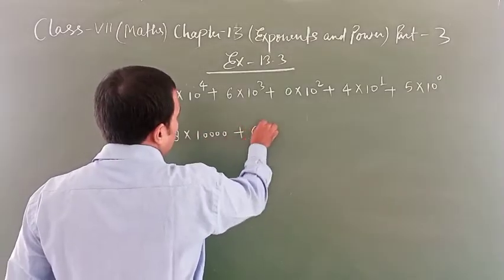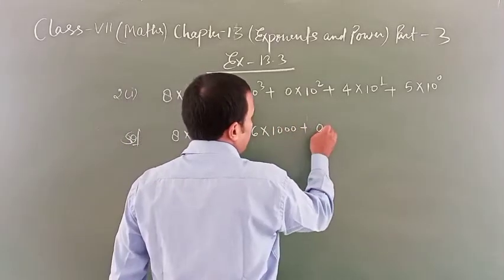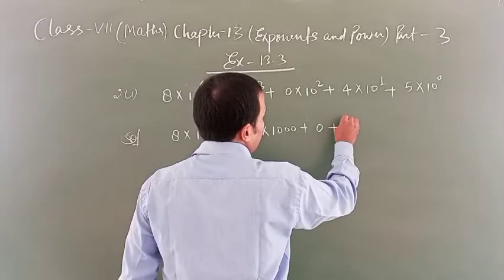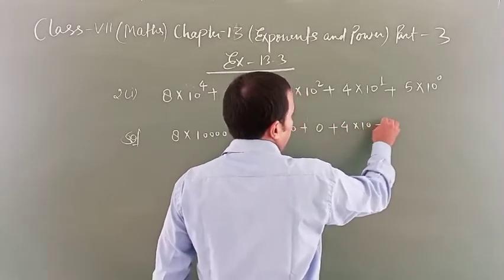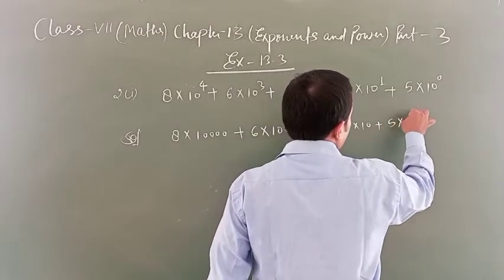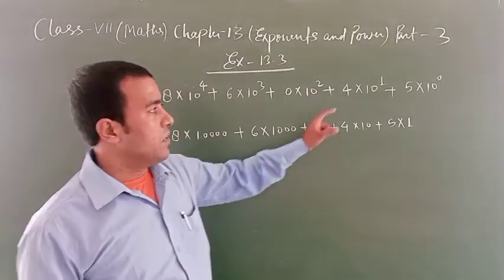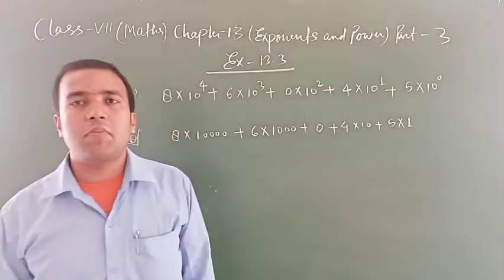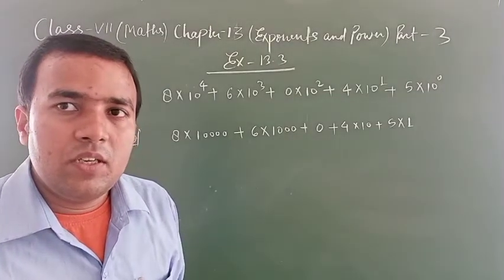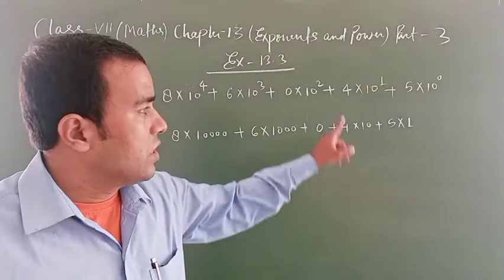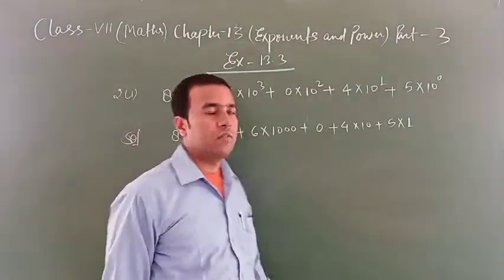Plus 6 into 10 to the power 3 means 6000, plus 0 into 10 to the power 2 is 0, 4 into 10 to the power 1 means only 40, plus 5 into 10 to the power 0 means 5. I told you in the previous video, if any variable or number has power 0, its value will be 1. So 10 to the power 0 means 1, and we write 5 there.